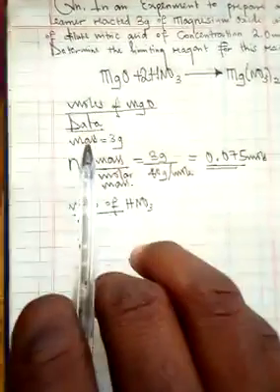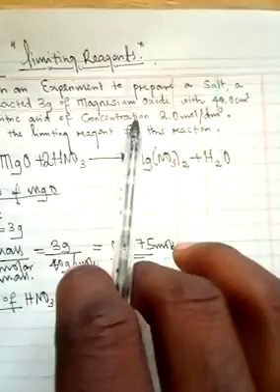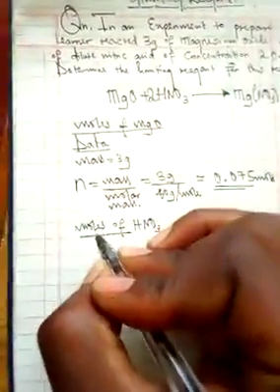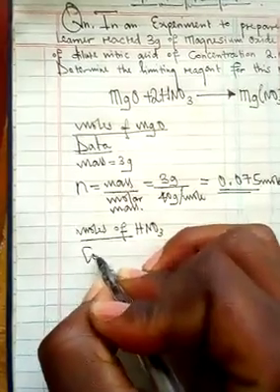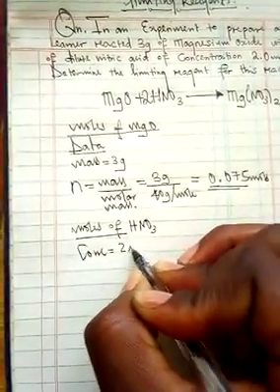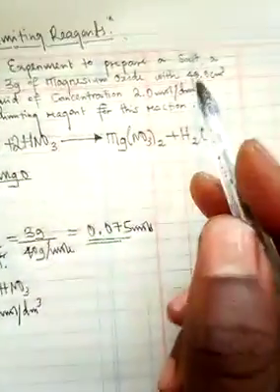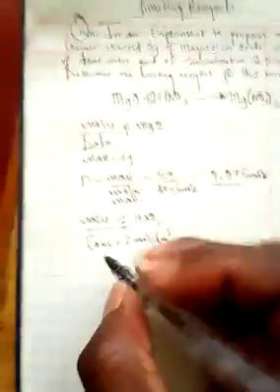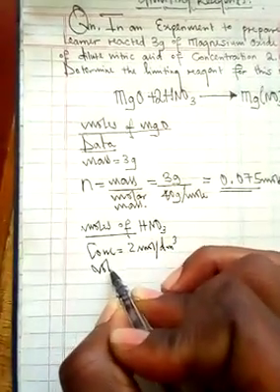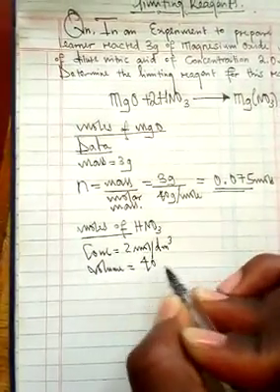We haven't been given the mass, but we have only been given the concentration, which is 2 mole per decimeter cubed, and the volume value, which is 40 centimeters cubed.